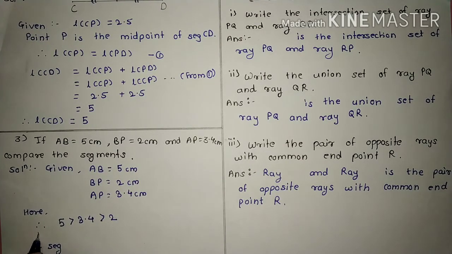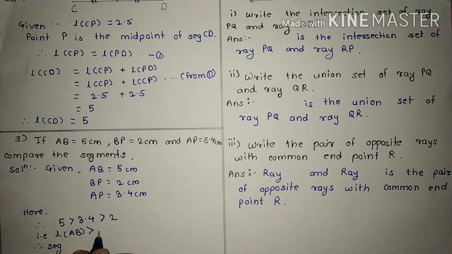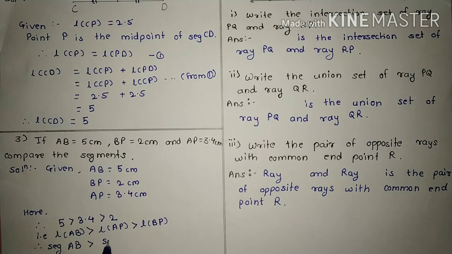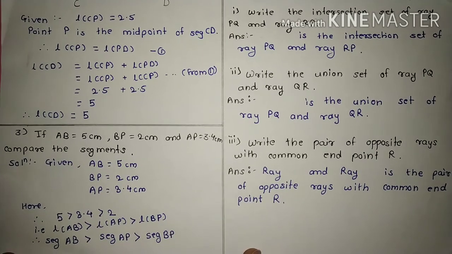That is, length of AB greater than length of AP, which is greater than length of BP. Therefore, we can say that segment AB is greater than segment AP and segment AP is greater than segment BP. In this way, we can compare given segments.